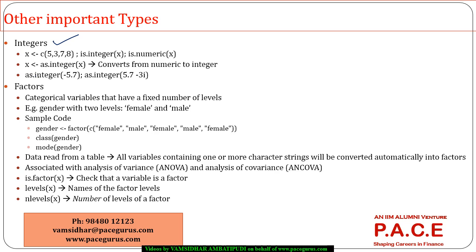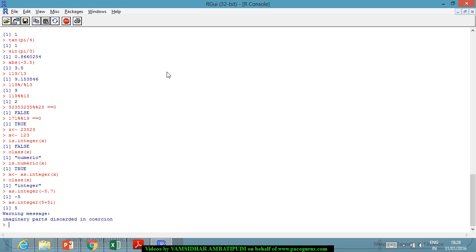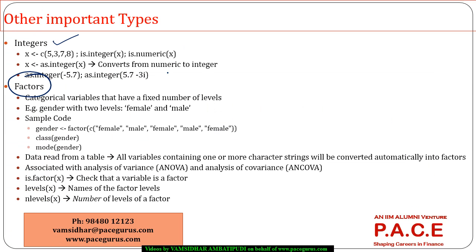Now, one of the most important data types in R, which we might not have encountered in many places, deserves some focus: the new data type called factors. Let's create something called gender.